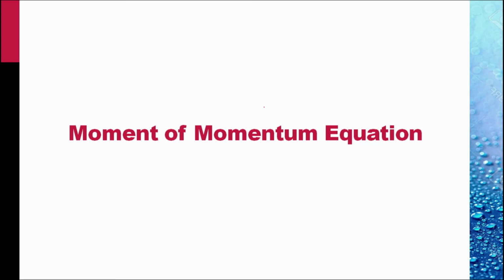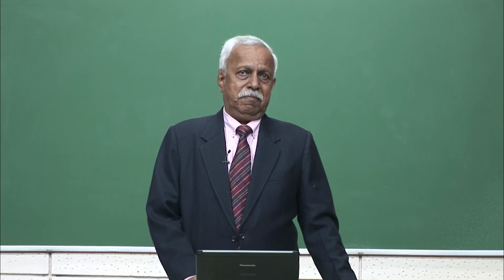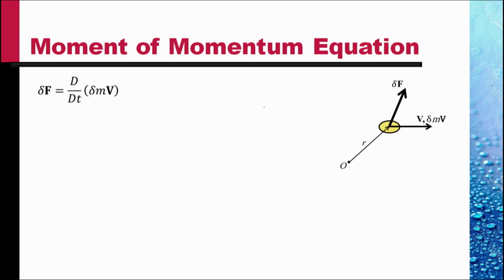Let's do one more section, the momentum equation. Consider a particle moving with a velocity v. Let its mass be delta m. Its momentum would be delta m times v. Then, by Newton's second law, the net force delta F on this particle is nothing but the rate of change of momentum delta m v with time, d by dt of delta m v.